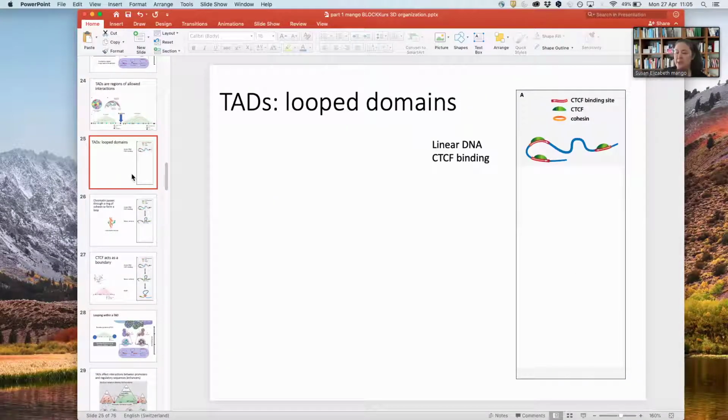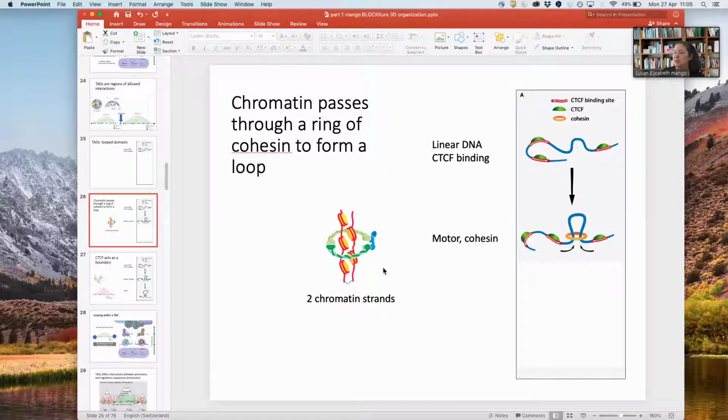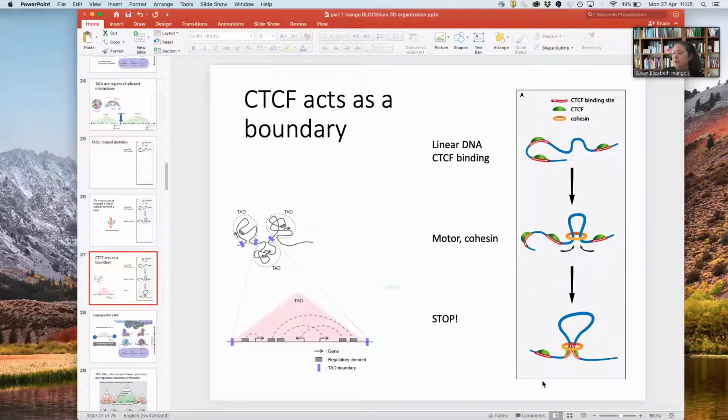Then this is how you make a TAD into a loop domain. You have this CTCF boundary factor and cohesin ring that can go around chromatin. And so you can pass this through and begin to make a big megabase loop. And then eventually you get this structure.